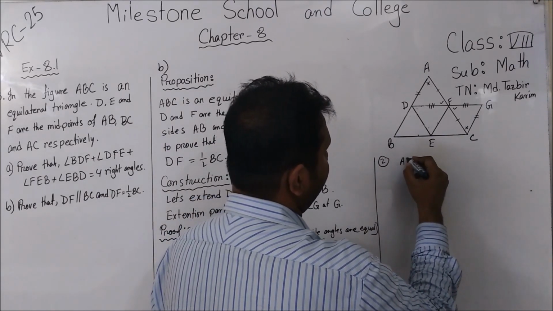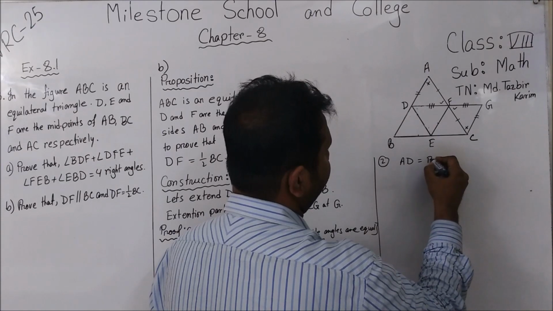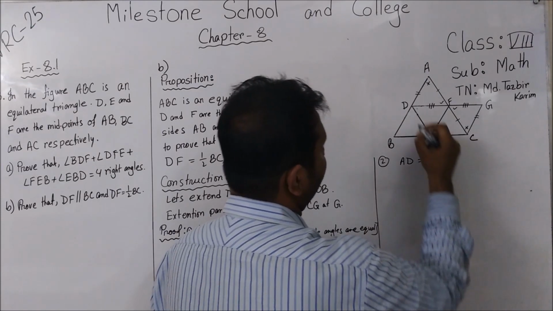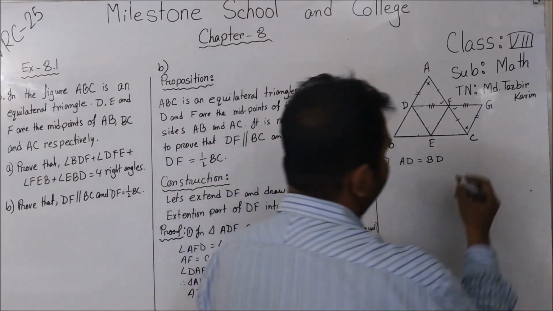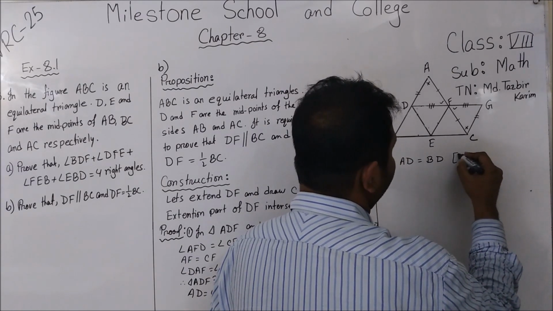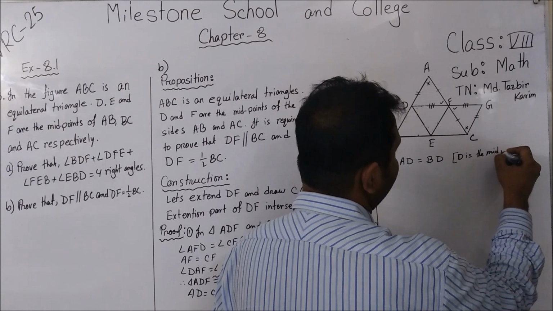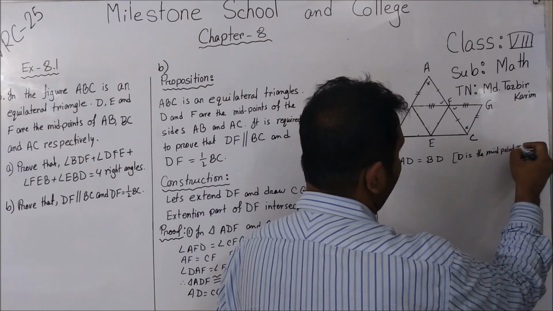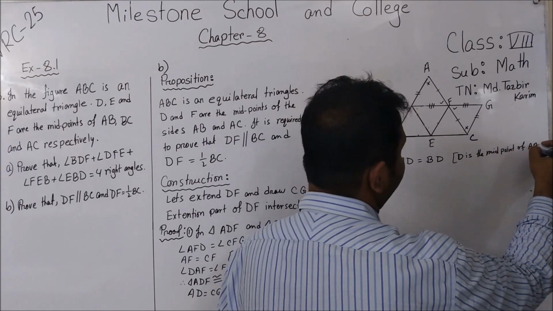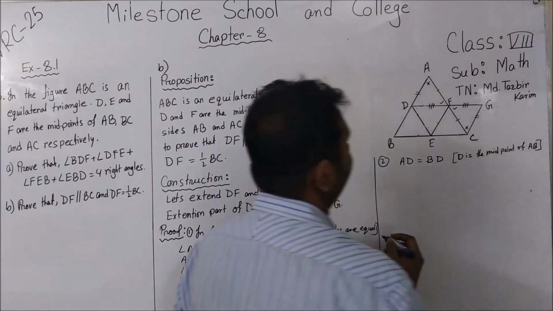AD equal to BD, because D is the midpoint of AB. So what can we say?